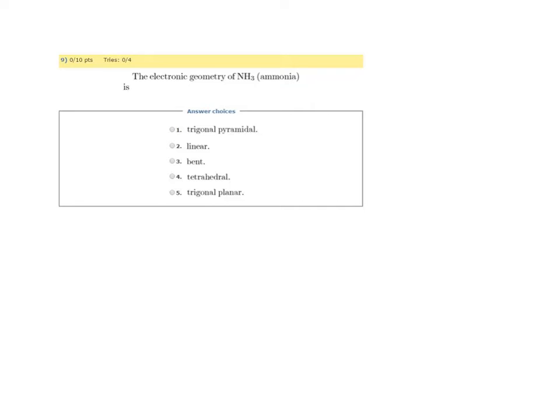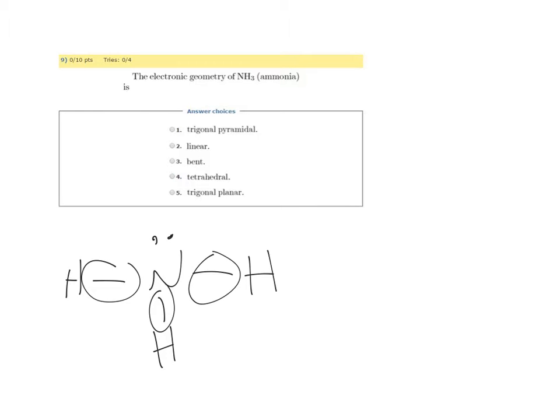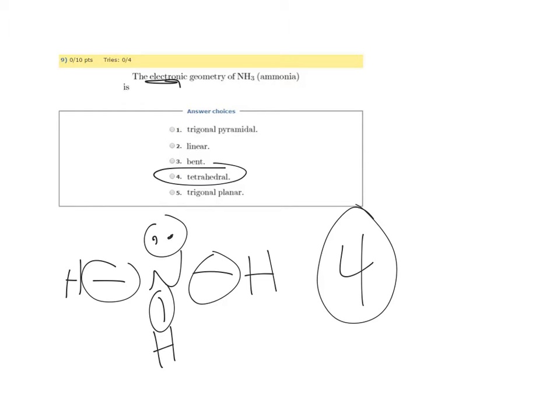What is the electronic geometry of ammonia? Well, we already saw a little bit earlier that the Lewis structure for ammonia, NH3, looks like this. So it has 1, 2, 3, 4 regions of electrons. So the steric number is 4. Anytime the steric number is 4, the electron geometry is tetrahedral.